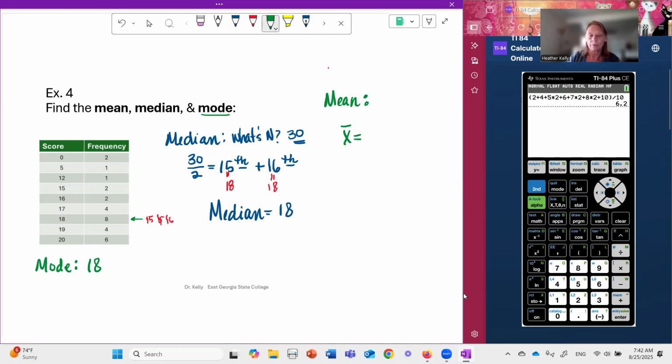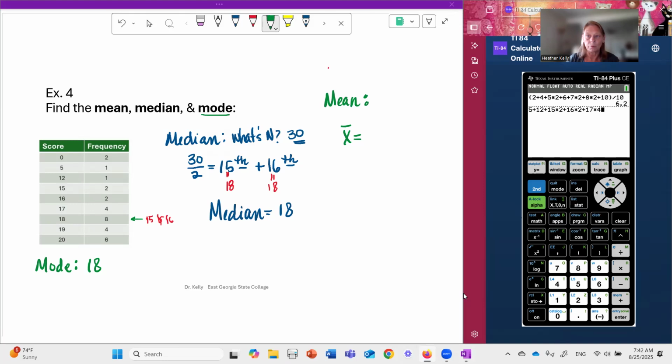We do not have to do 0 times 2. So we have 5 plus 12 plus 15 times 2 of those plus 16 times 2 of those plus 17 times 4 of those.